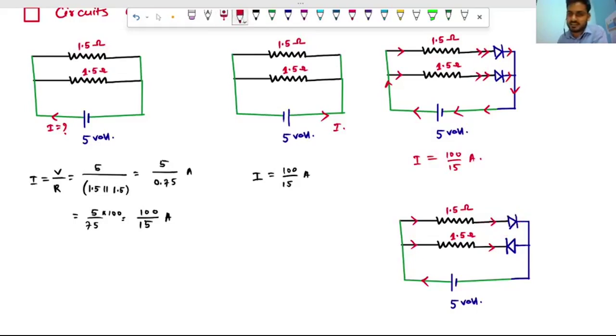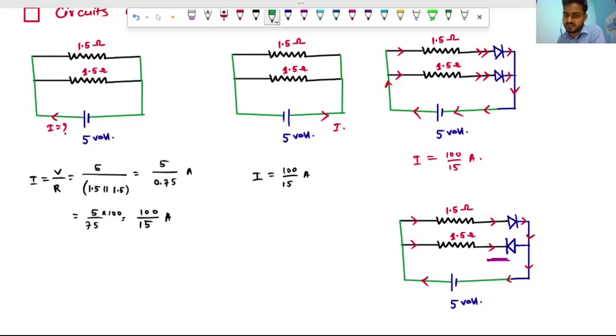So current will come out of this diode and will flow like this. But the current that entered here and crossed this segment will be opposed here. The reason is the diode is reverse biased here. As you can see, there is a stick. It will not allow the current. So this current will not be allowed.